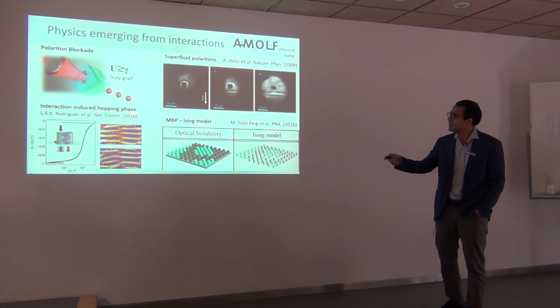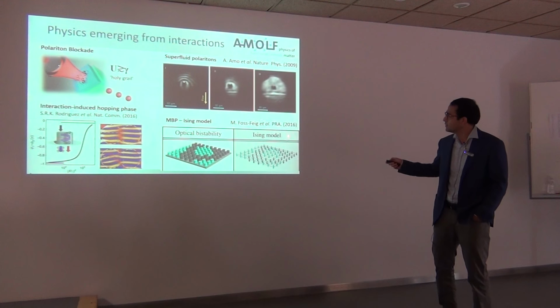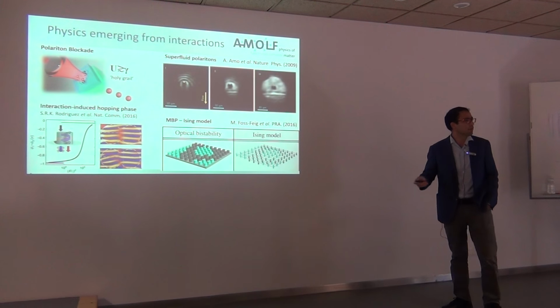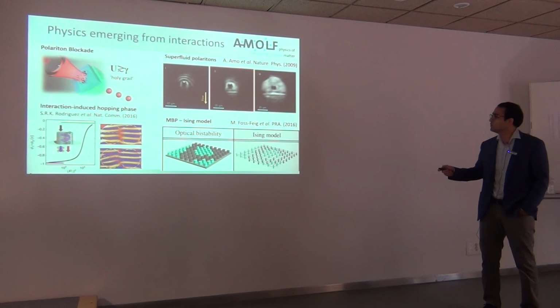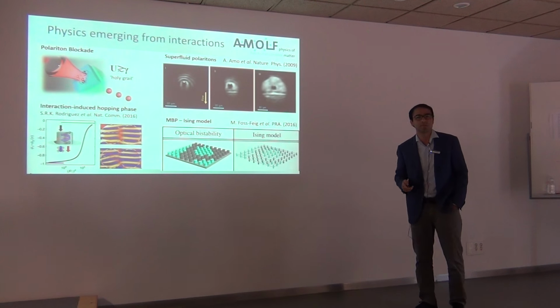So if you're interested, this is the reference. I'll not be talking about that today. Another very interesting perspective, which I'll come to later in the talk, is that you can map an array of bistable cavities, just as I described, to an Ising model, where the two states of the bistability map to the spin up and spin down of the system.